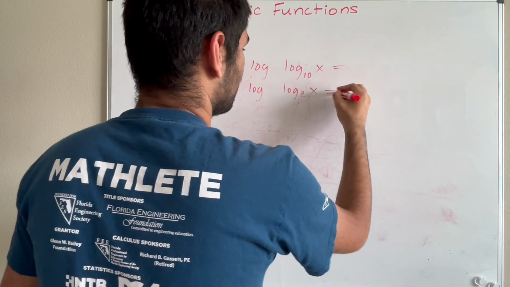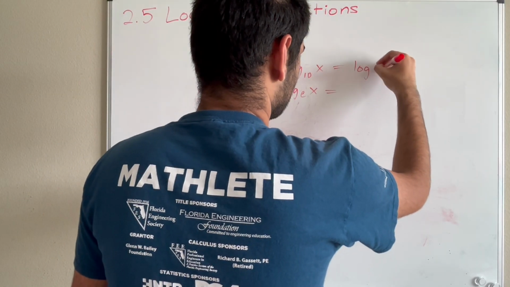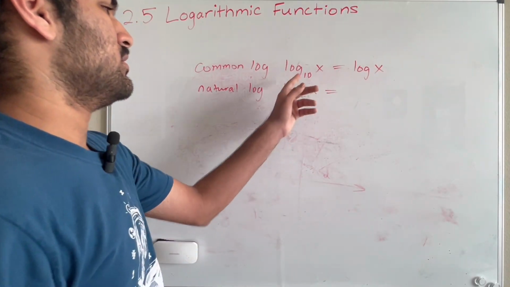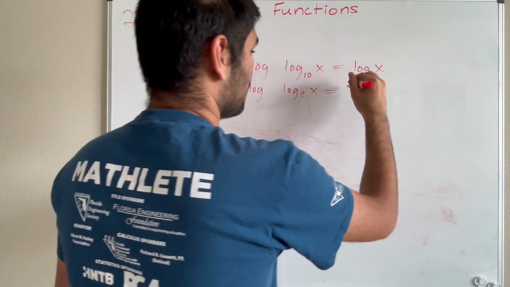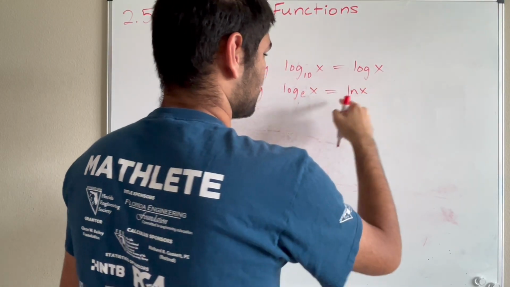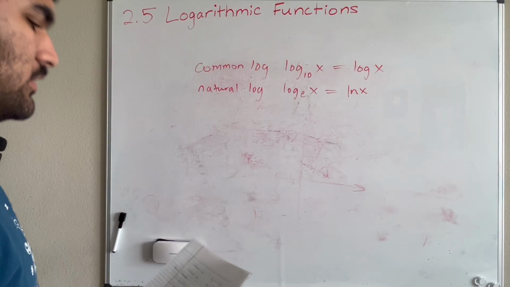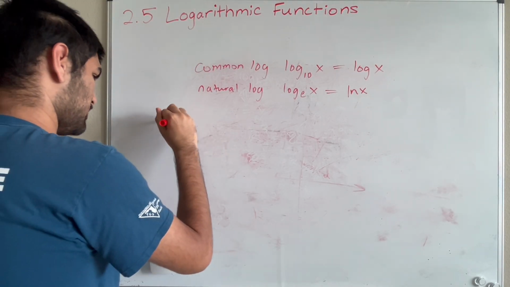The shorthand for a common log, log base 10, is just log x. If you have log without any base, it's assumed to be log base 10, so that's the default. And log base e, we abbreviate as just ln x, so natural log x.